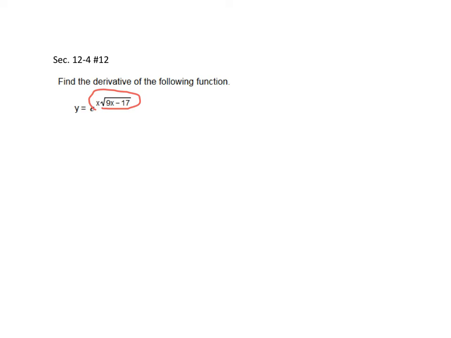The first thing that we'll do is we'll find the derivative of the power. And the derivative of the power, since the power is x times, and we'll write the square root of 9x minus 17 as 9x minus 17 to the 1/2 power.